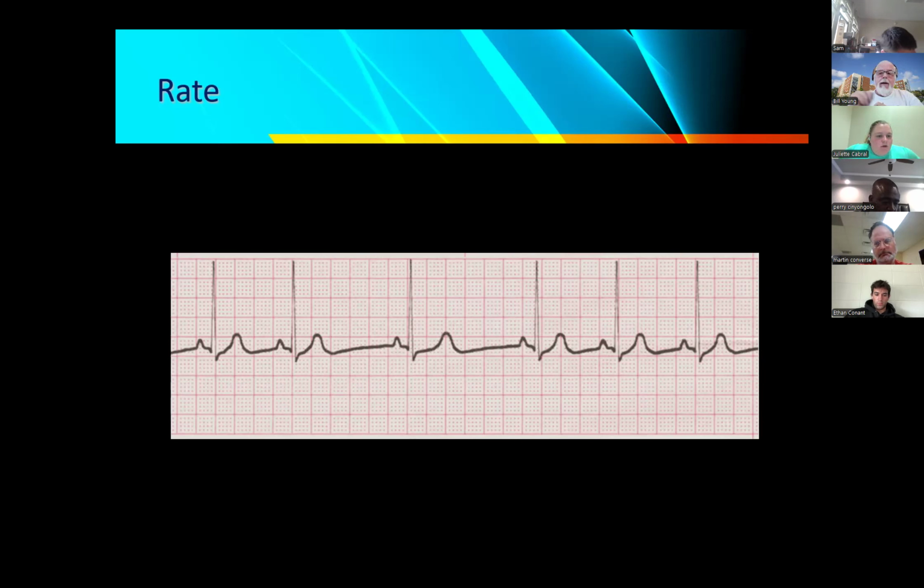Slow, normal, or fast? That's normal. Excellent. Rhythm. It's irregular. Ooh, very good. Yep, you're exactly right. It is irregular. Now, let me ask you a question. This is only a 6-second strip, so it's hard to tell, but based on what you can see, do you see a pattern to its irregularity?